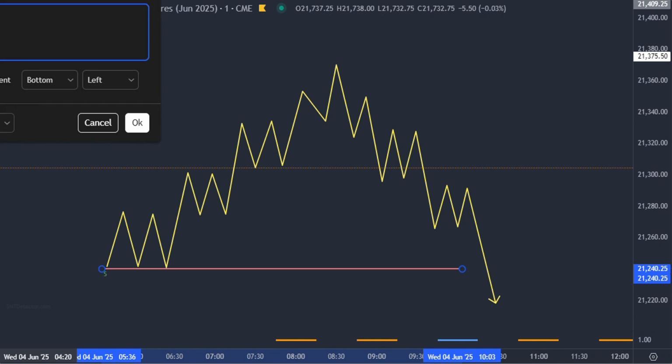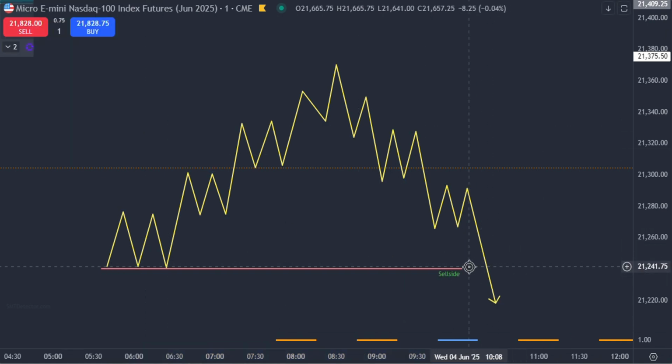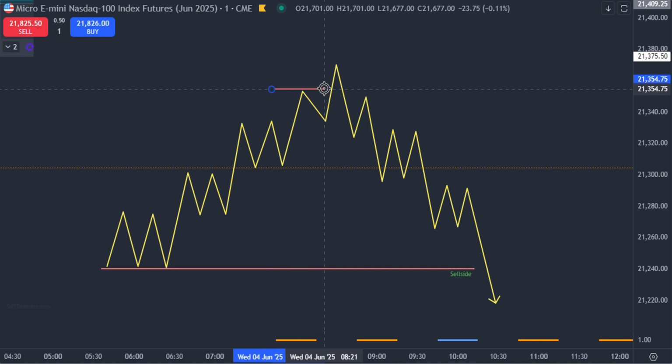So this is sell side, bottom right, hourly low. And then you're looking for a retracement on the hourly. You'll get your sweep of liquidity. Stop right here.